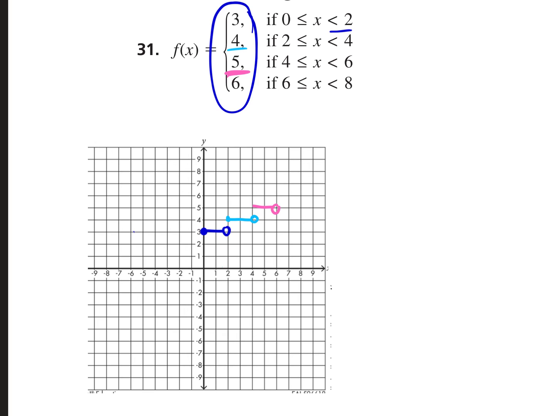So I put the open circle there, closed circle at the other side. And then lastly, let's graph our line at 6. So I put another flat line there. 6 is in between what two numbers? 6 and 8. So I'm going to erase everything else besides 6 and 8. Which one gets the open circle? Right. The right side at 8. So there's our graph.